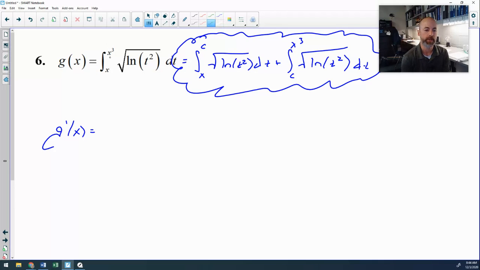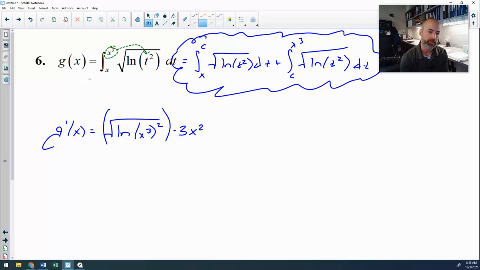I'm going to start by plugging in the upper limit. I'm going to plug in x cubed for the t. And so that's going to be the square root of the natural log of x cubed squared. But I plugged in the x cubed, so I then need to multiply by the derivative of what replaced the t. So I'm going to multiply by 3x squared.